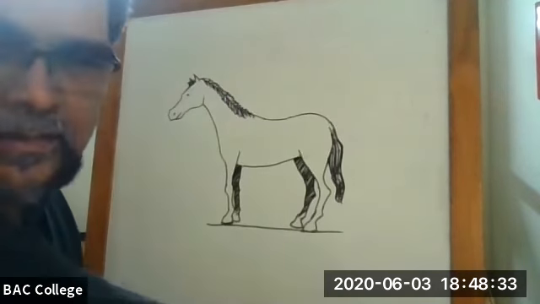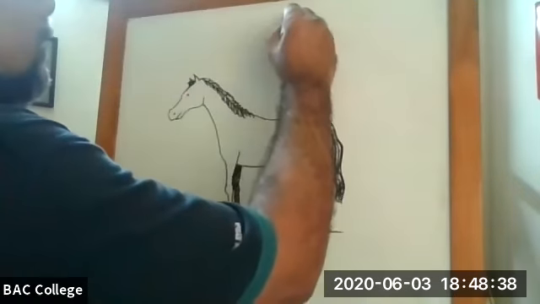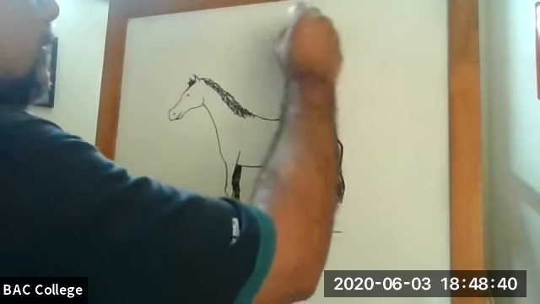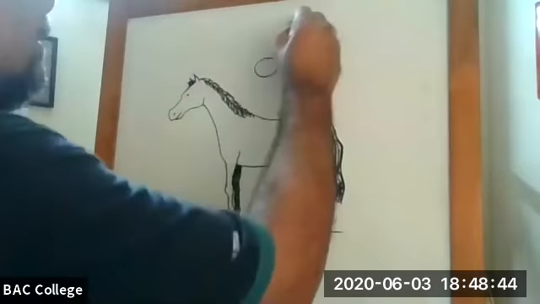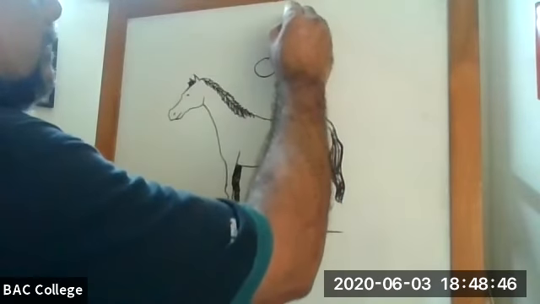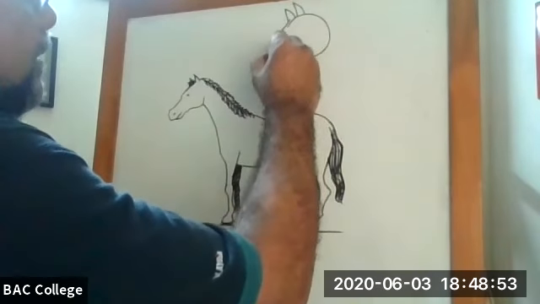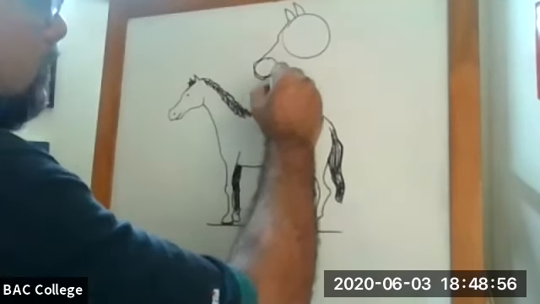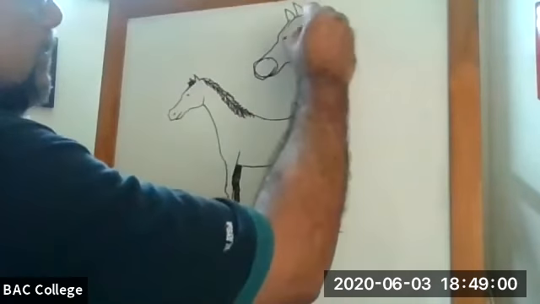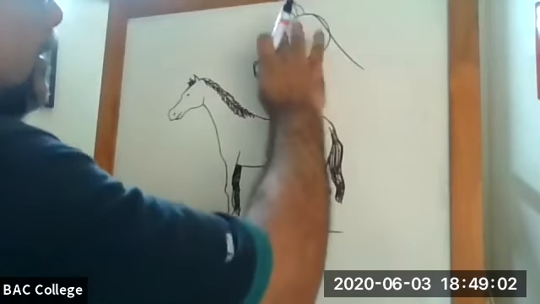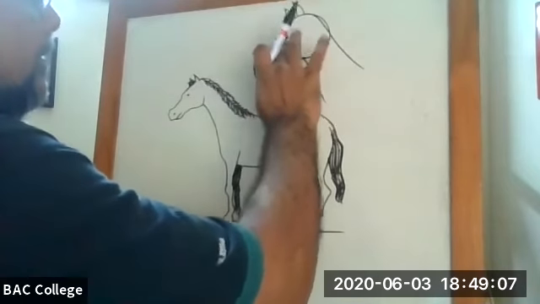Okay? Someone asked, how do you get the face again? No problems. You get the big circle, and then you get the small circle, right? And then you get the ears this way. Then you come down, and then you get the nose, and then the mouth, and then the jaw, and then the ears, and then you rub off the unwanted lines.